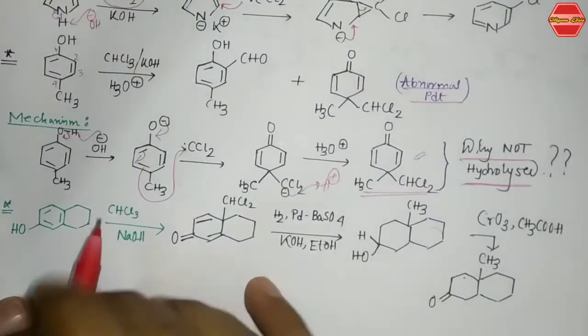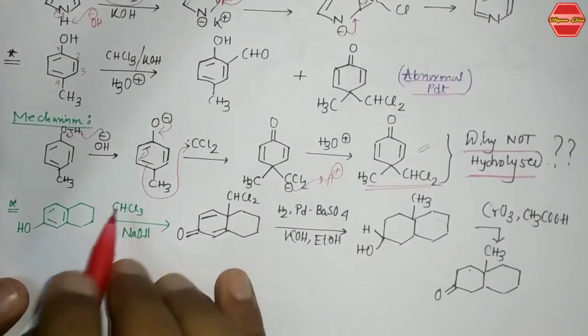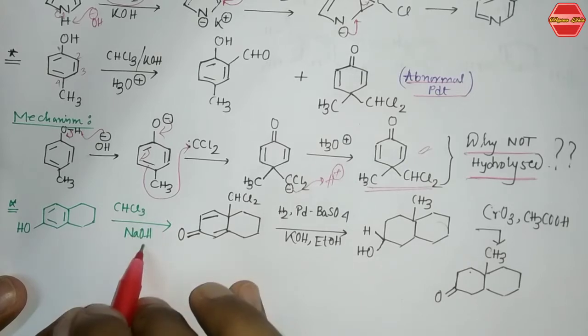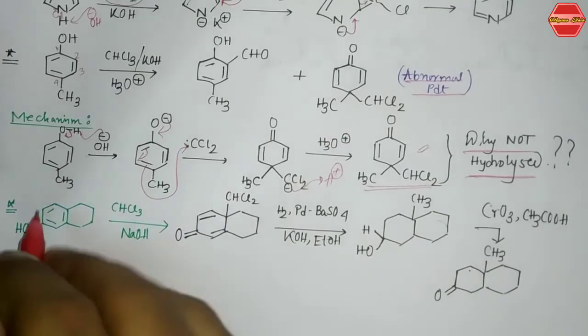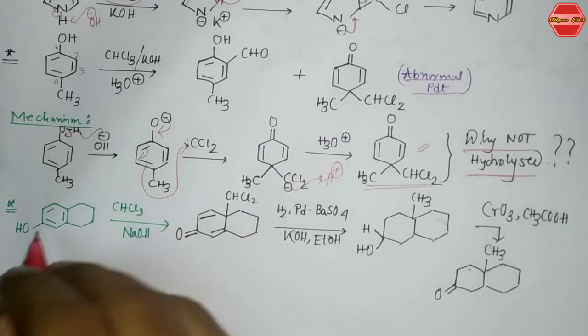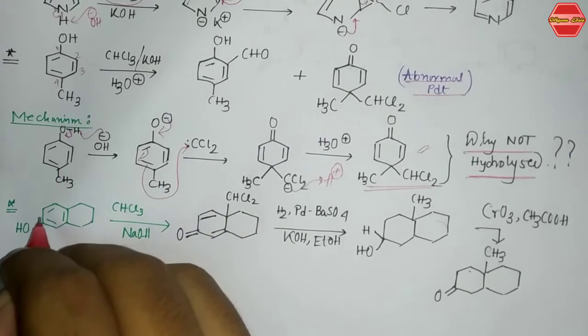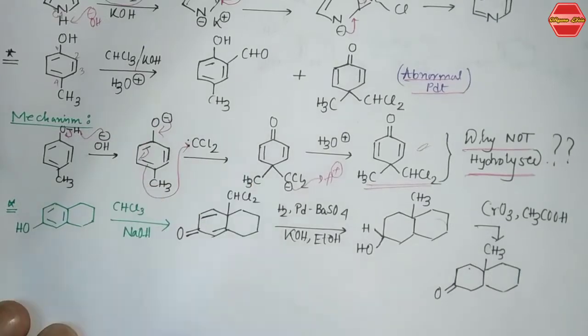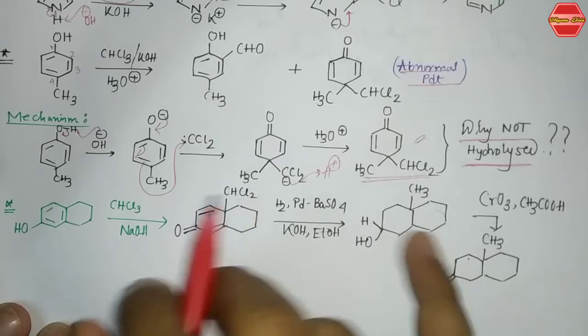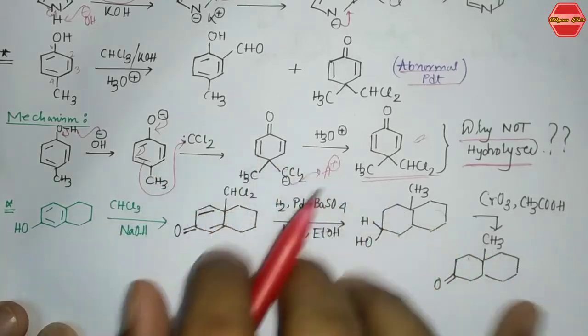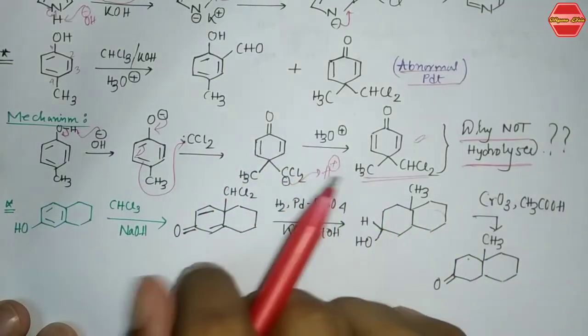Now one important example for this reaction is when we are using CHCl3 and NaOH on this kind of substrate, so what will be the product? You can easily predict the ortho will be your major product, but I am not writing the ortho product here. I am showing you the abnormal type of product and the consequence of this reaction.